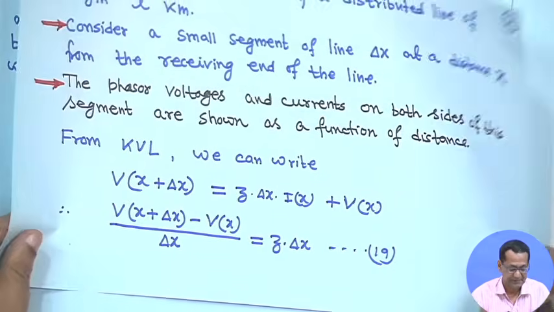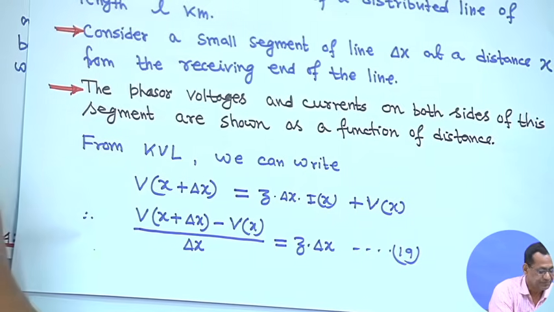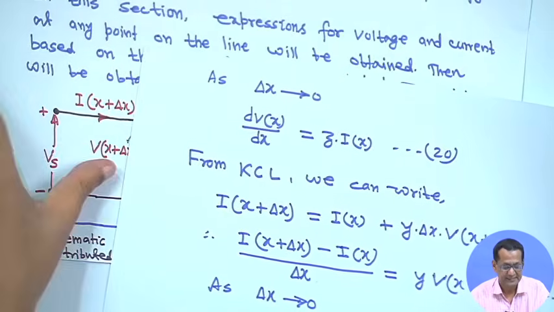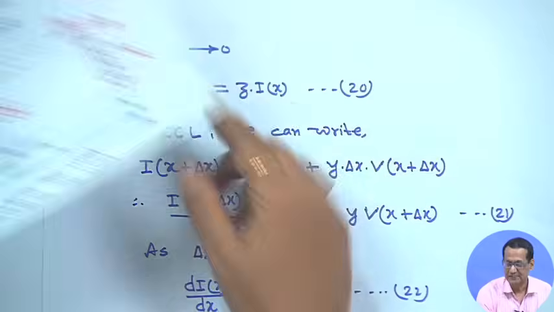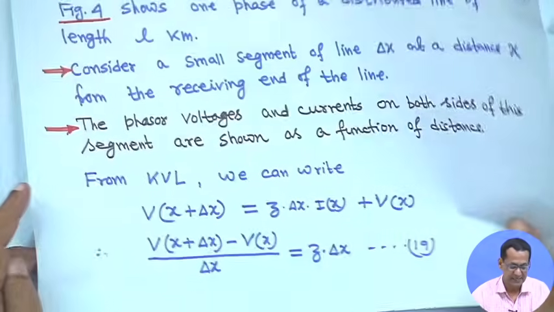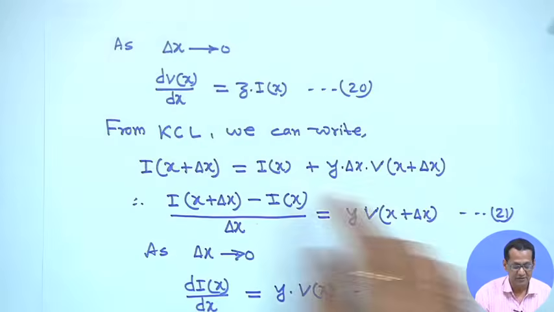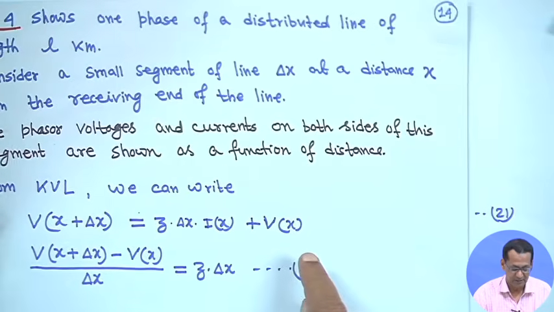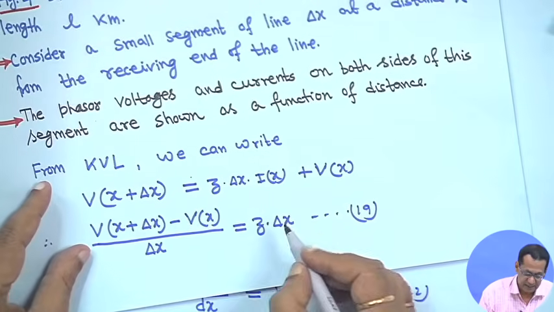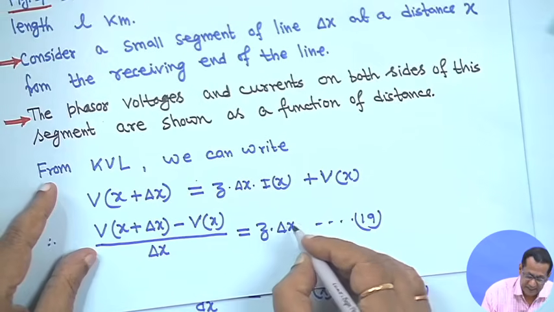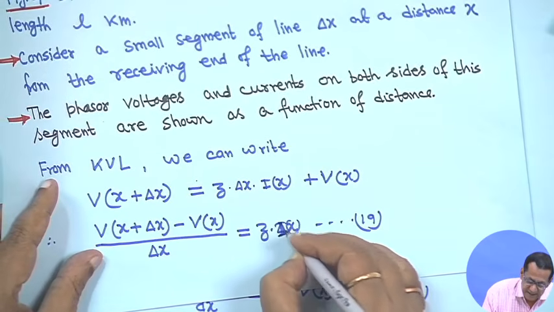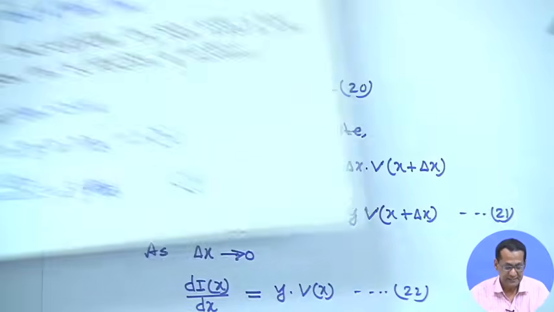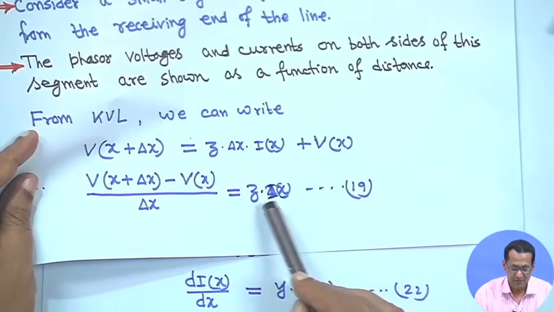So, if delta x tends to 0, this equation can be written as dVx upon dx is equal to small z into delta x. Here I have missed one thing, it is a writing error, it is small z into I x. So, dVx upon dx is equal to small z into I x.